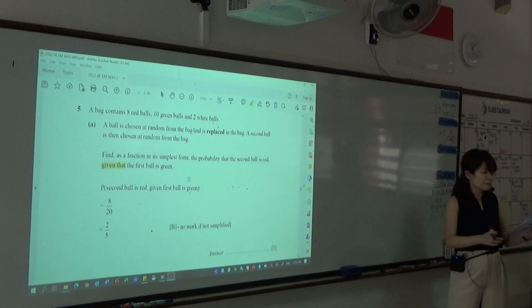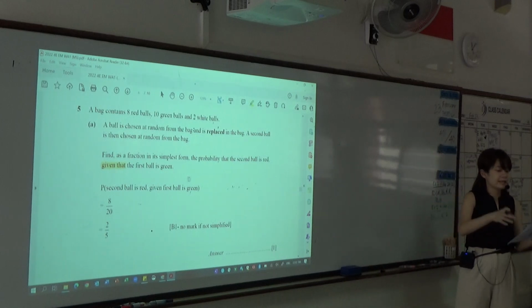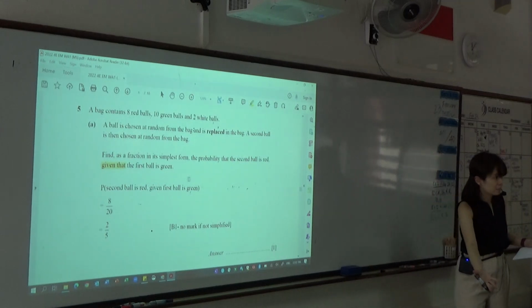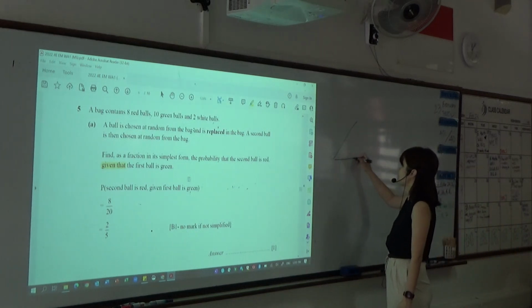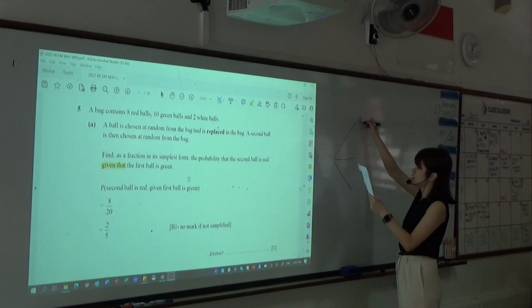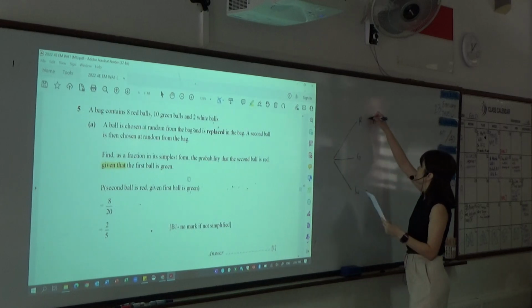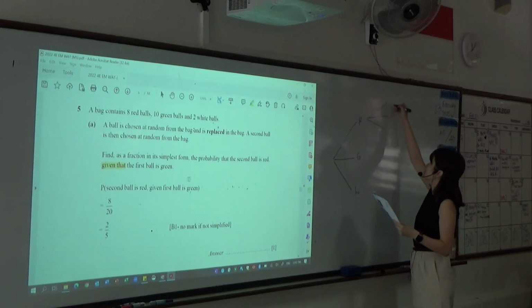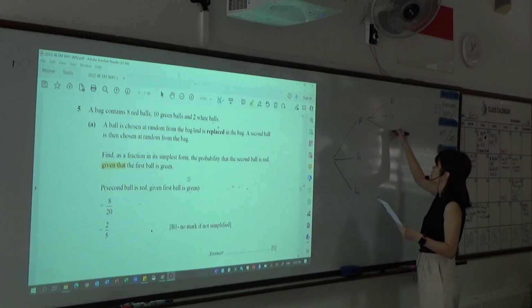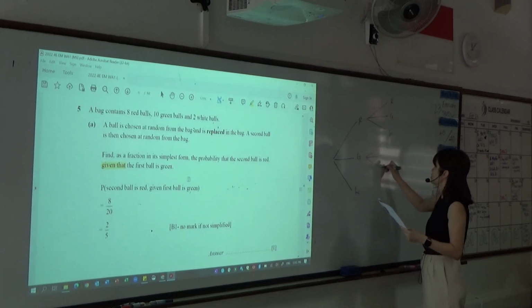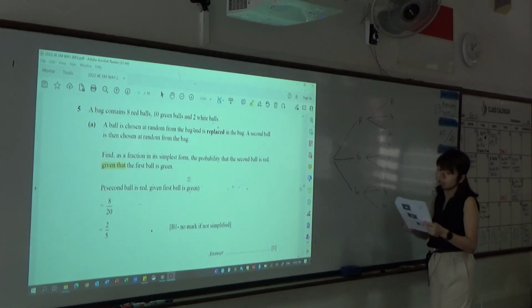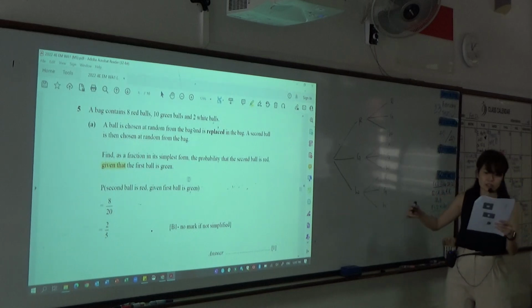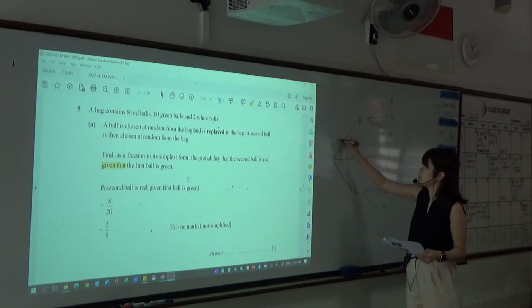In this question, if you want to draw the tree diagram, which is not in the marking scheme, we have 8 red balls, 10 green balls, and 2 white balls placed in the bag. Then you put back the ball, then you take again. So there are 2 times of picking from that bag. We know that there are a total of 20 balls in the bag.